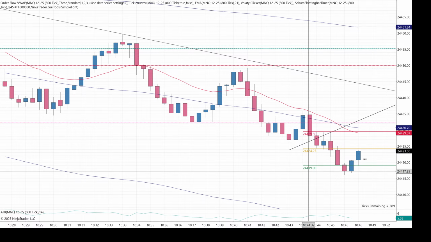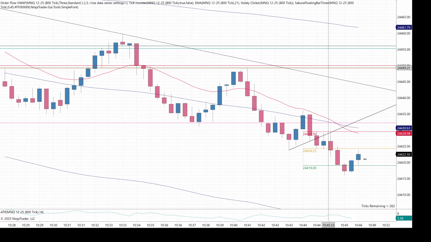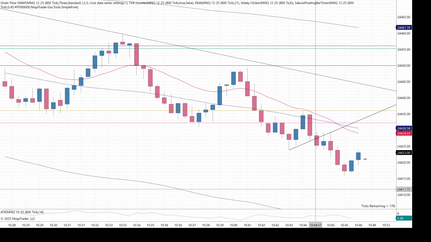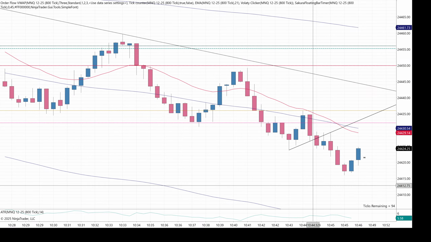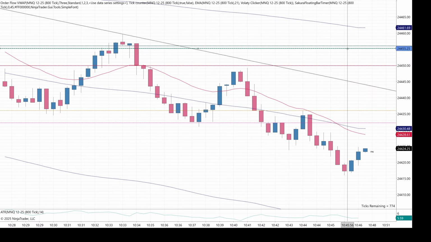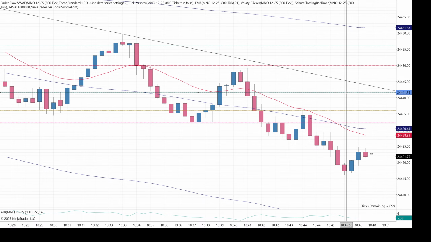All right, runner's taken out, but good trade. Golden ruler's right here. This is at 44.